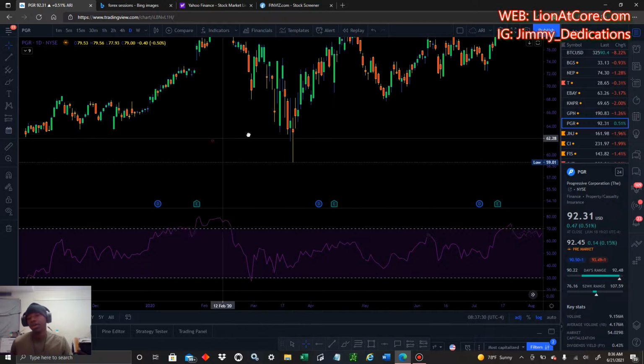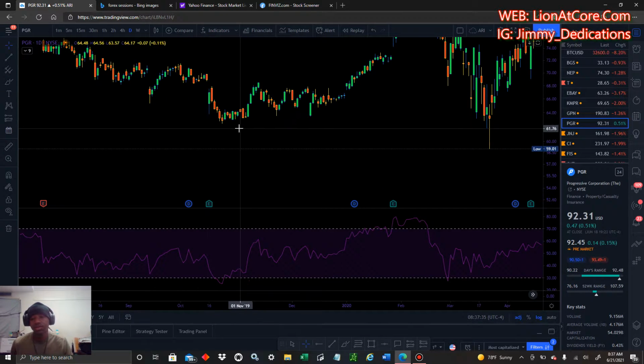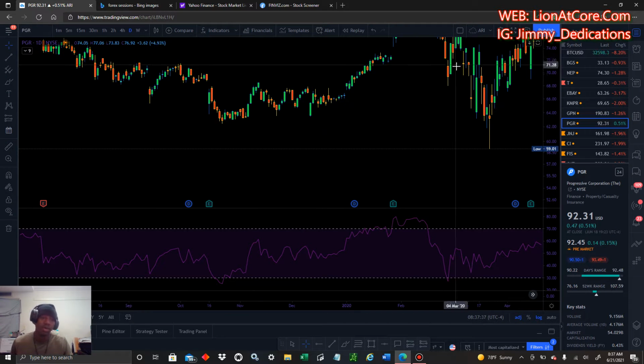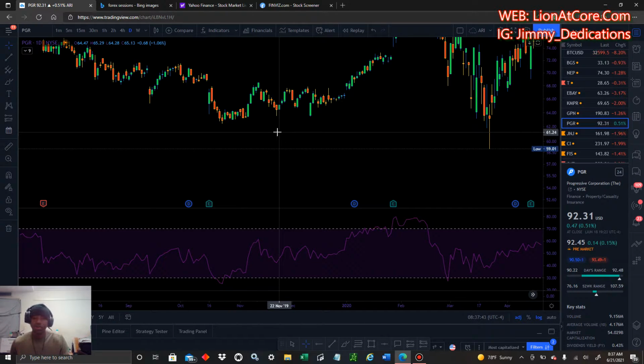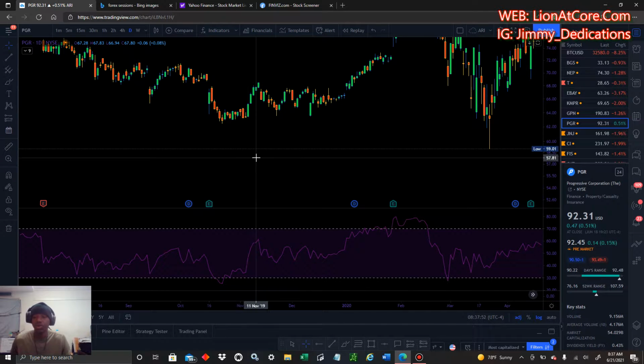So another thing, indicators don't work when irrational traders trade, or when news overpowers them. If you see some news come out about a stock and you're a technical trader, the news is gonna overpower that technical viewpoint that you have.